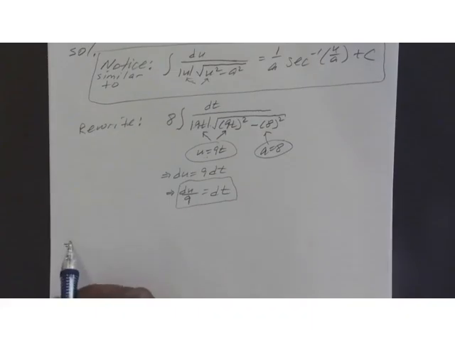Okay. So that gives us 8 times dt, which is equal to du divided by 9. You can say du divided by 9, or 1 over 9 times du, same thing. So it doesn't matter which one.